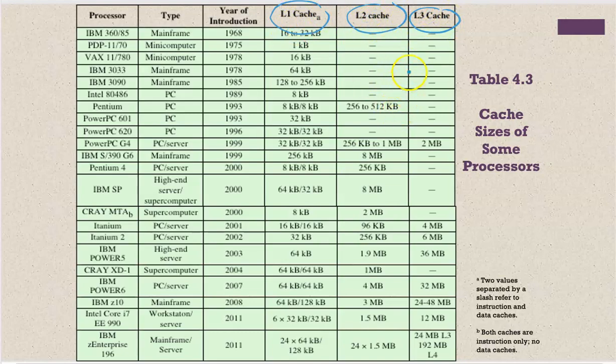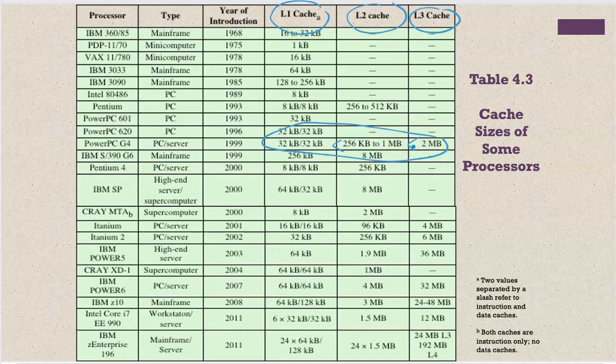So let's see if that is really the case. Let's look at this line. We have a 32 kilobyte L1 cache, 256 kilobyte L2 cache, which is greater, and then you have a 2 megabyte L3 cache, which is greater in capacity.